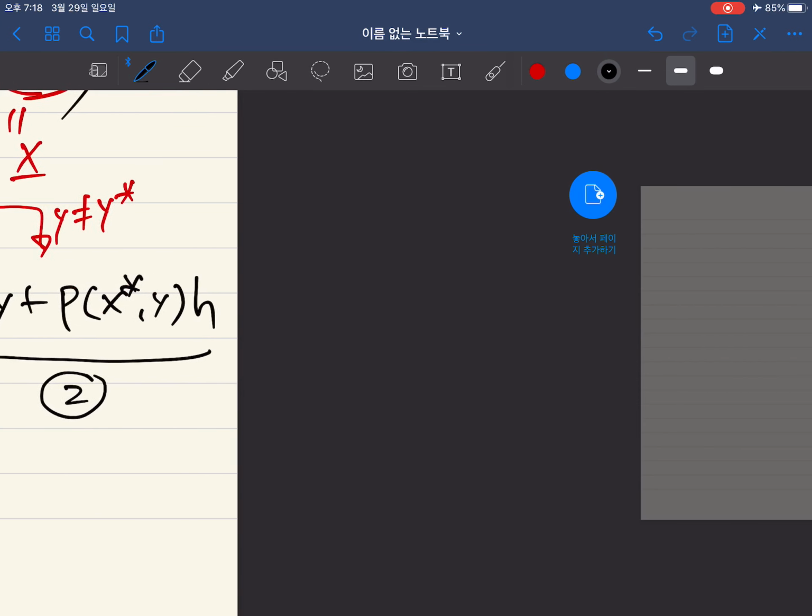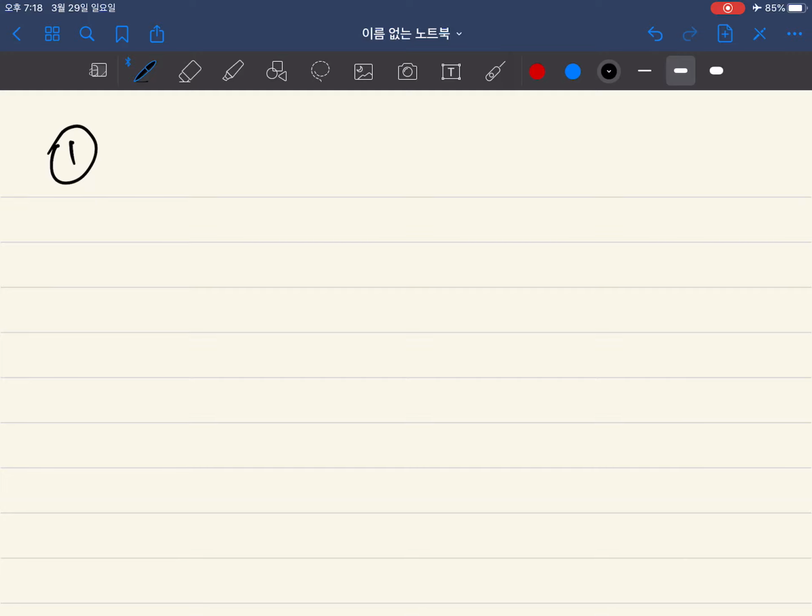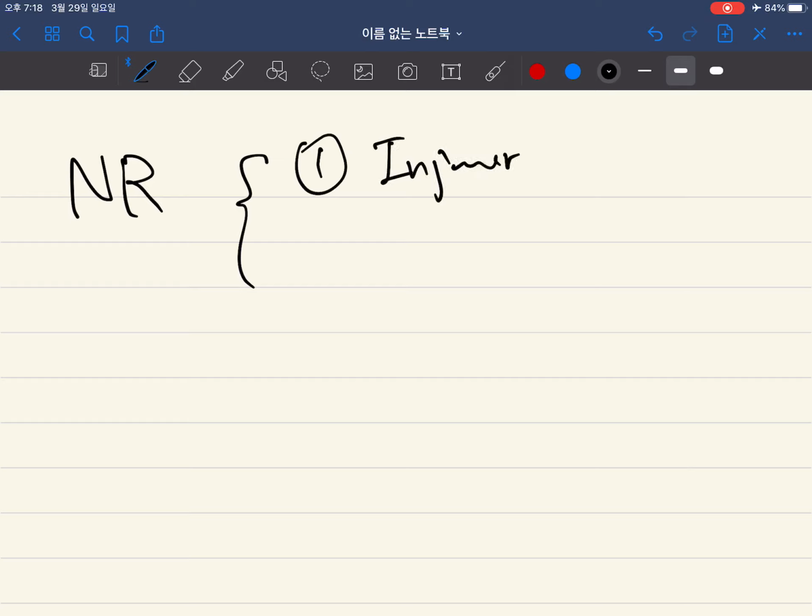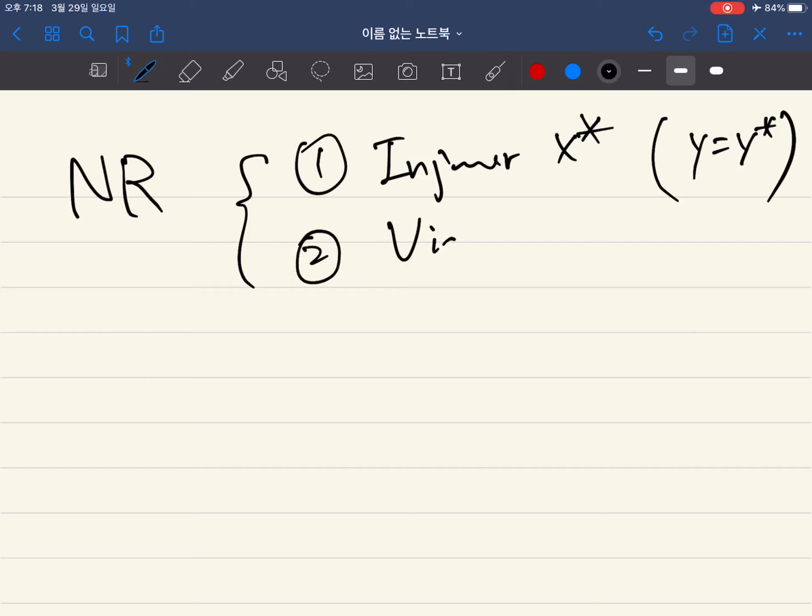So what is our conclusion? Under negligence rule, we showed two things. Injurer wants to choose X star as long as victim is choosing Y star. And second, victim wants to choose Y star as long as injurer is choosing X star.